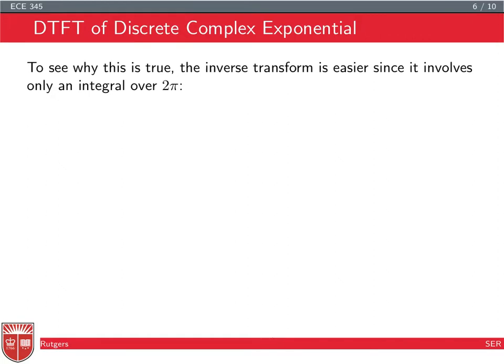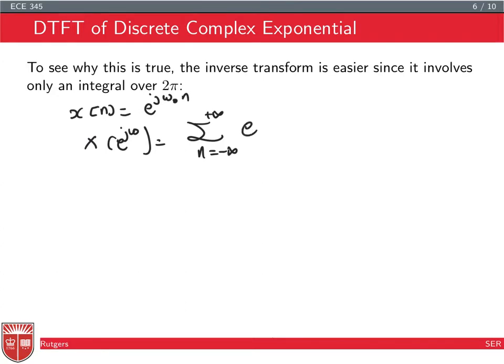Now, look at the signal x of n, which is e^(j omega 0 n). If you try to do it the regular way, by applying the formula, you're going to get X(e^(j omega)) equal to the sum from n equal minus infinity to plus infinity of e^(j omega 0 n) e^(-j omega n).